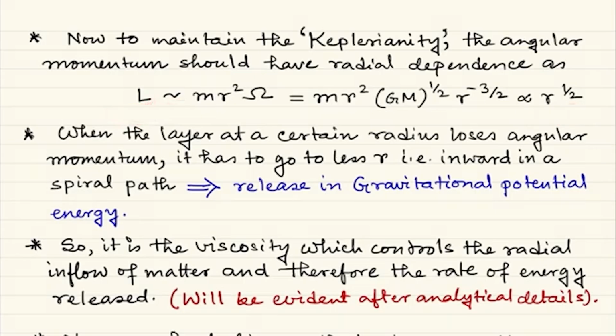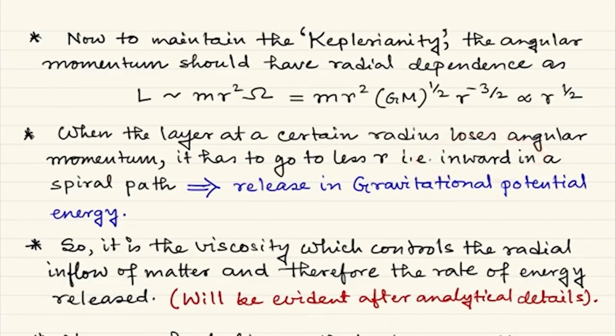In general, if some fluid layer at a given radius loses its angular momentum, that means it now has a lesser angular momentum. So with this angular momentum, this mass element will be eligible to be in an inner layer corresponding to another r which is less. And then the layer at a certain radius, as I just said, loses angular momentum, it has to go to less r, that is inward.